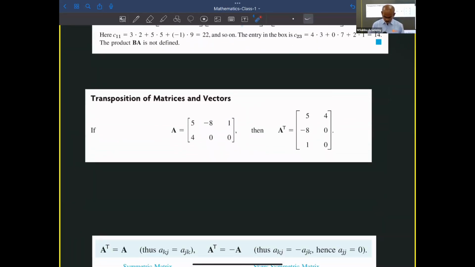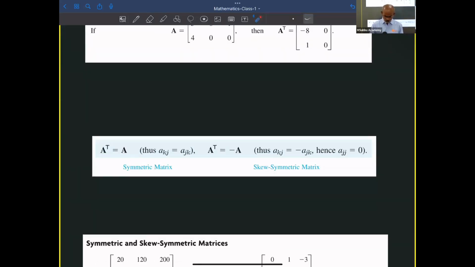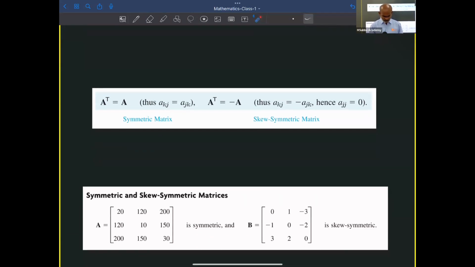And for transposing, whatever the row will come as a column, and whatever the column will come as a row. So normally this column you can write as a row. Okay, this is a transpose, and something about what is called a symmetric matrix and skew-symmetric.